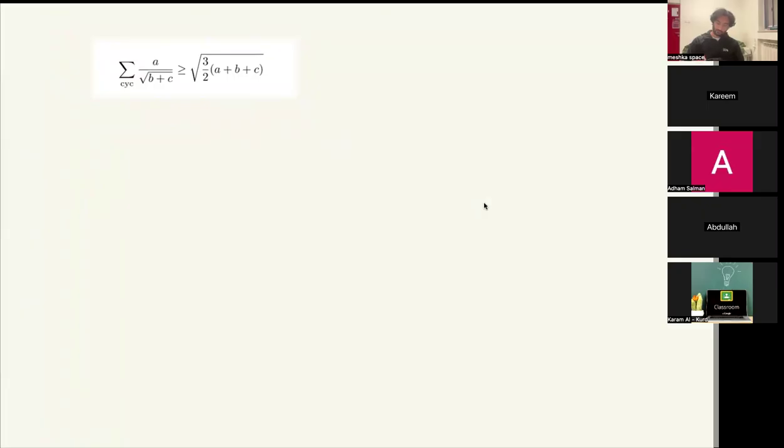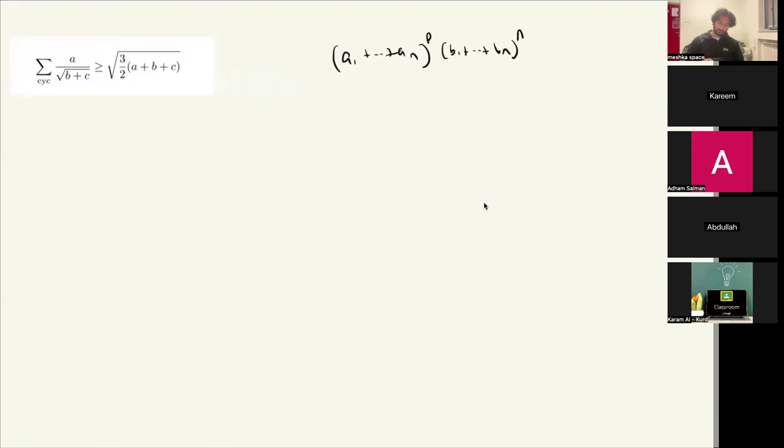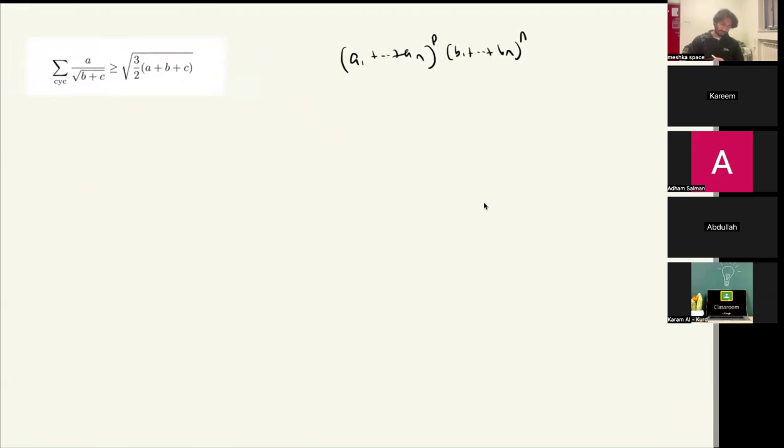And let's just remind ourselves what Holder says. Holder says that A1 to the P plus ... plus AN to the P, times B1 to the Q plus ... plus BN to the Q, sorry, to the Q, we need weights, is greater than or equal to A1 to the P, B1 to the Q, plus ... plus AN to the P, BN to the Q, like this, where P plus Q equals 1. Okay.